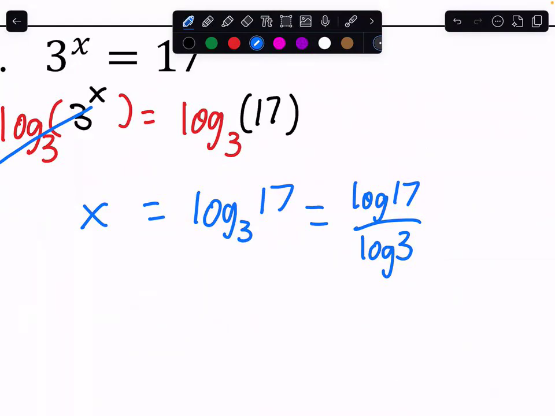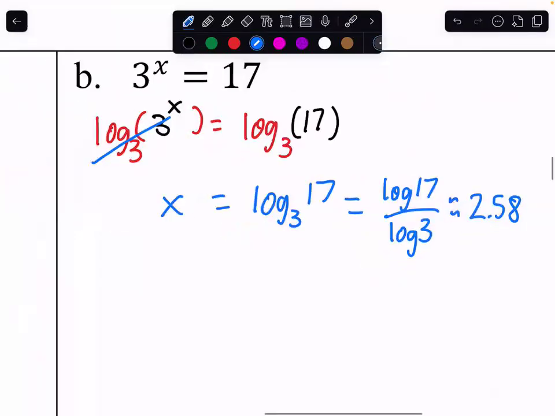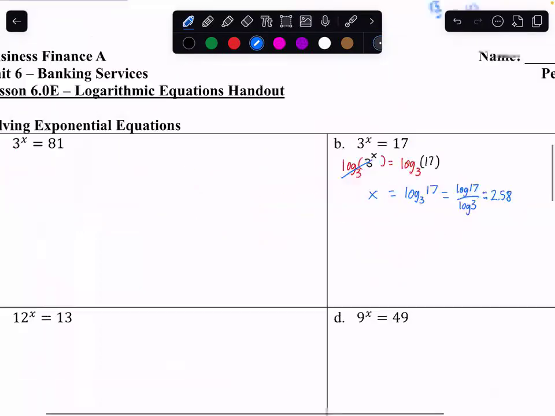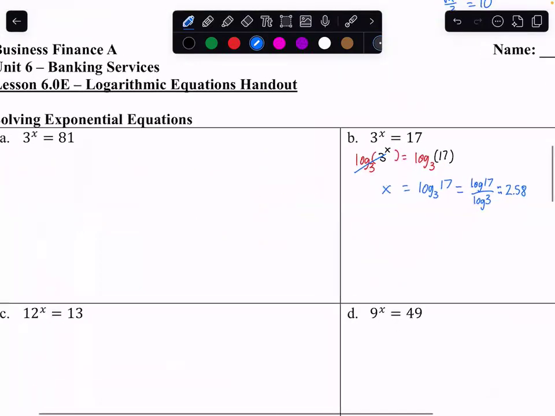Now this you can type into your calculator, and this one rounds to 2.58. Okay, so go ahead and try these 3 problems, please. Again, refer to the one we did together as an example.